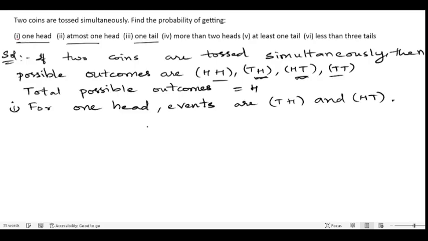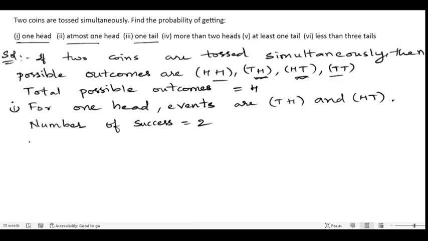So there are two possible outcomes. So we can say number of success is equal to 2. So two successes are possible.